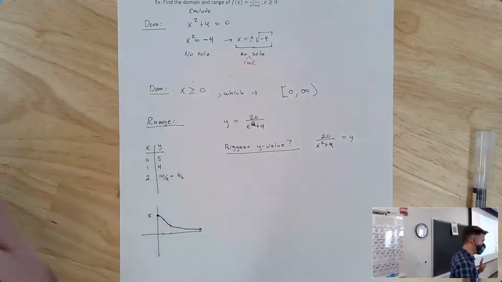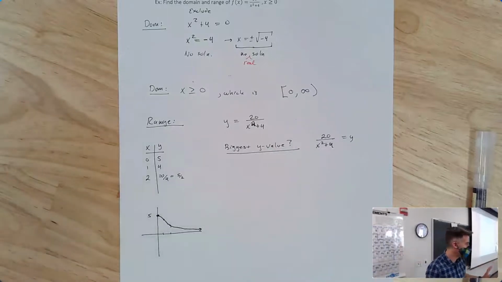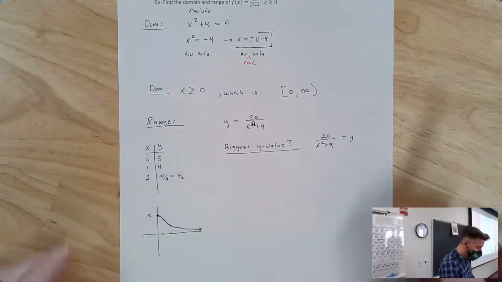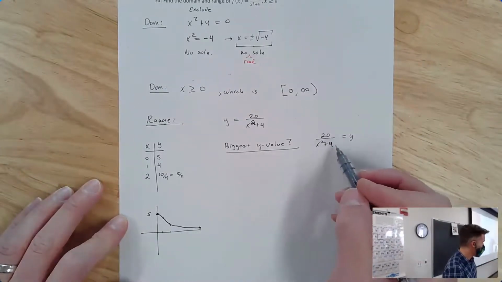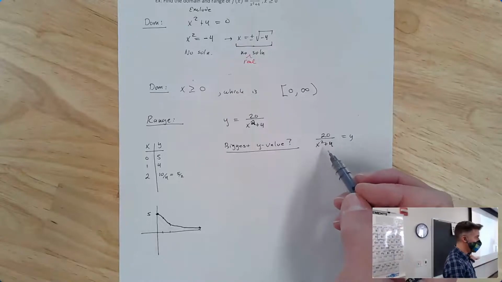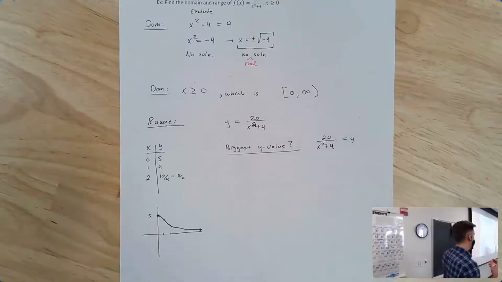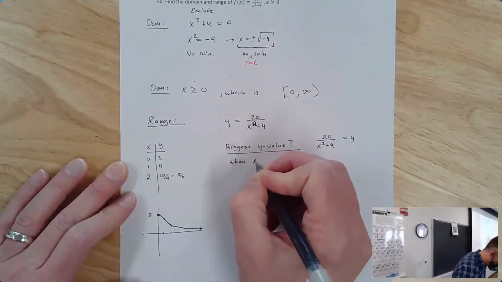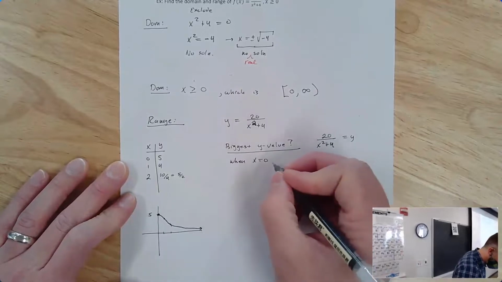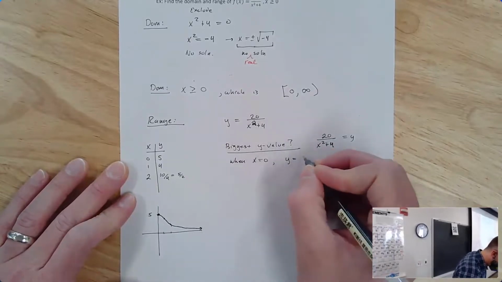I think I heard someone say it. My listening is not always great. 4, exactly. The smallest this can be is 4 because x equal to 0 is the smallest you're going to make that denominator. 0 squared plus 4 is the smallest it can be. And to make the fraction big, you make the denominator small. So the biggest y value is when x is equal to 0, and you get y equal to 20 over 4, which is 5.